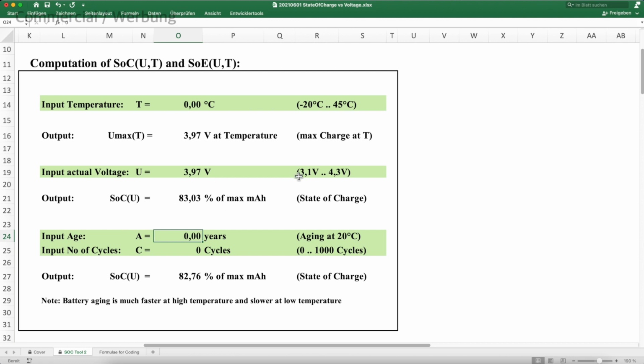We know that our consumption is about 150 mAh per day, which means that we have about 140 full charge cycles in 5 years, what we can find out with an easy calculation. The result of our calculation shows us now that after 5 years the maximum charge of the battery is only 67%.